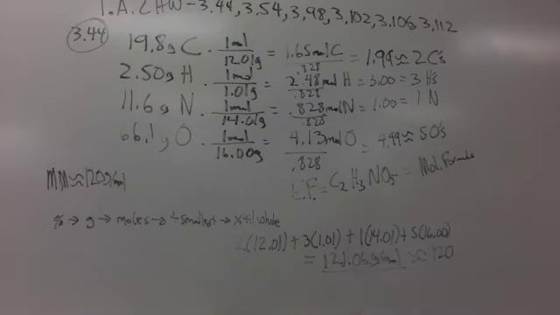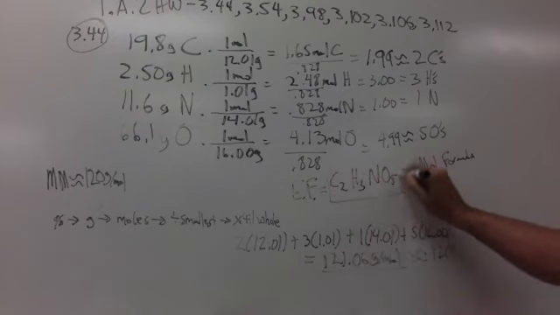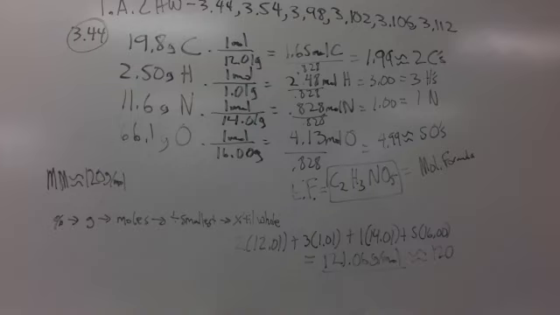When I read the question, it told me that my molar mass was 120, and so 120 and 121.06 are about the same thing, and so that tells me that my molecular formula, not just my empirical formula, but also my molecular formula, is C2H3NO5. If you check the answer in the back of the book, you'll see that that is the correct answer. So we've gotten the first problem done.